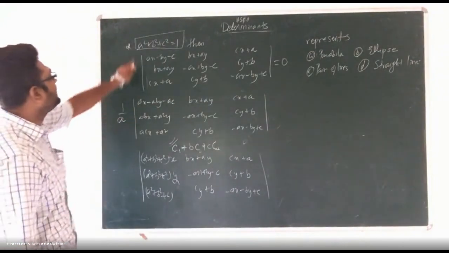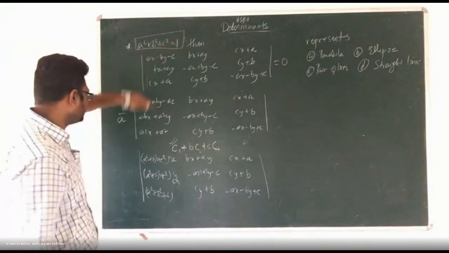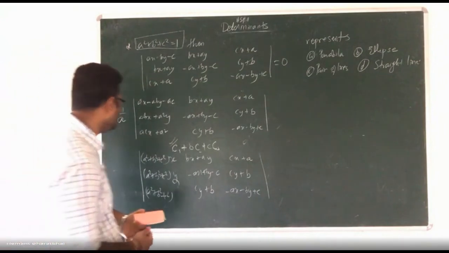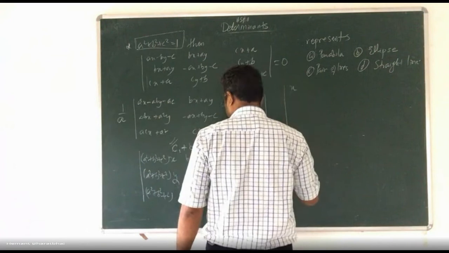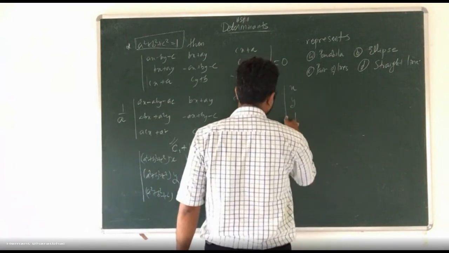So now we know that a square plus b square plus c square is 1, so this entire thing will become 1. So now I will get over here x, here I'll get y, and here I'll get 1.